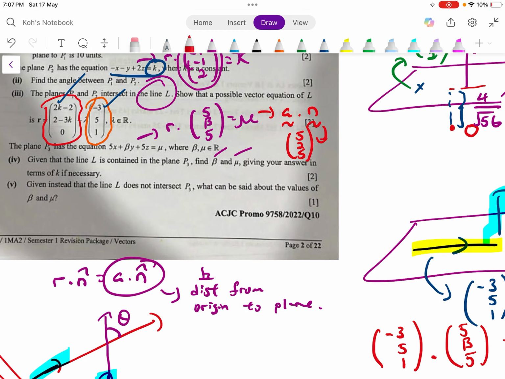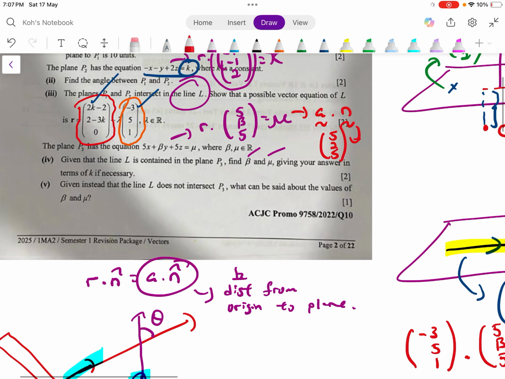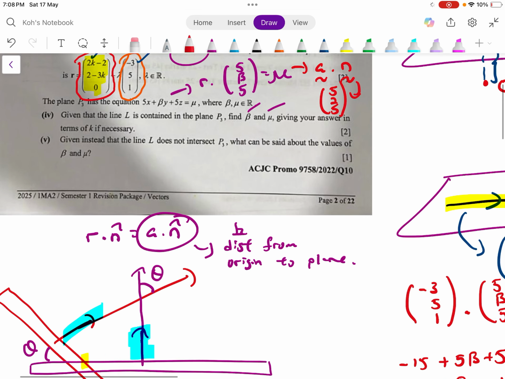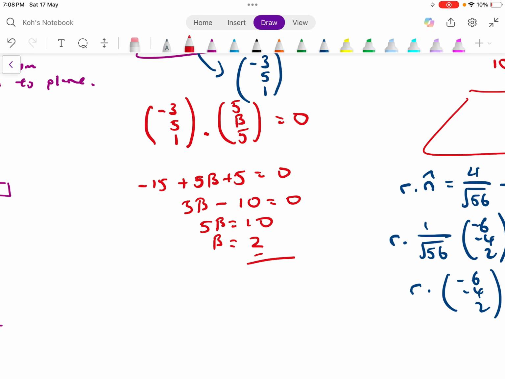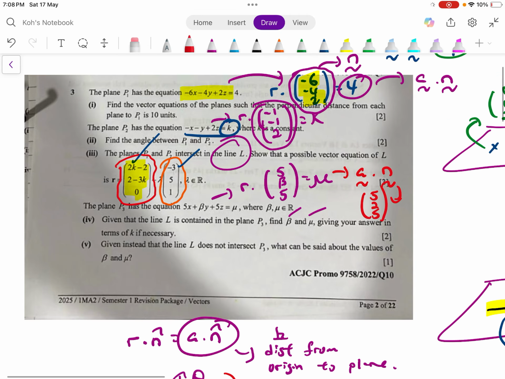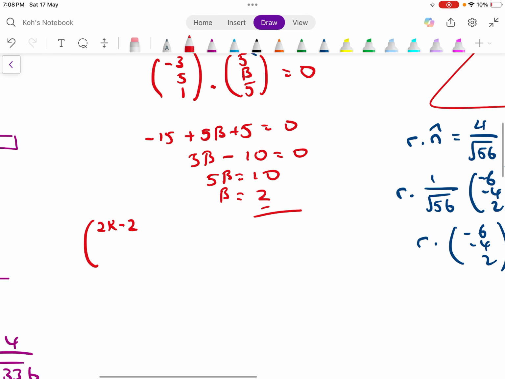And of course I can find my A. My A will be the position vector of the line, because the line lies on the plane, so this point also lies on the plane itself. So this can also be the position vector of your plane. It is 2k minus 2, 2 minus 3k, and 0.